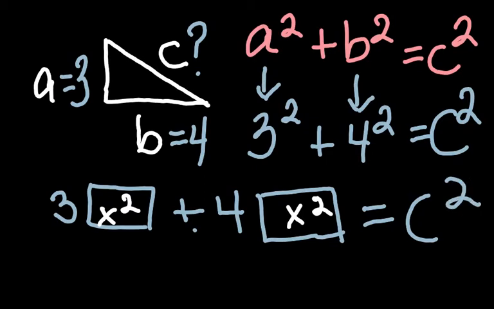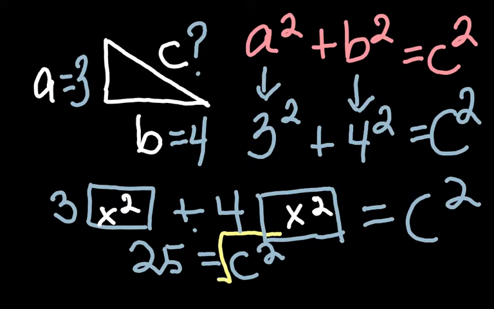If you enter it exactly like that, you're going to get 25 equals c squared. Now, hopefully you remember that in order to get c, you take the square root of c squared and also take the square root of the other side.